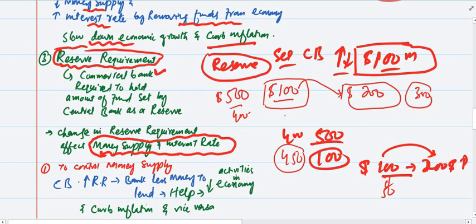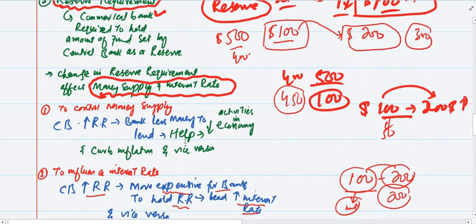So when the central bank increases the reserve requirement, let's say from 100 to 200, the money supply will be reduced. The money available for spending was 400 and now it becomes 300, so it is reduced. What does it mean?